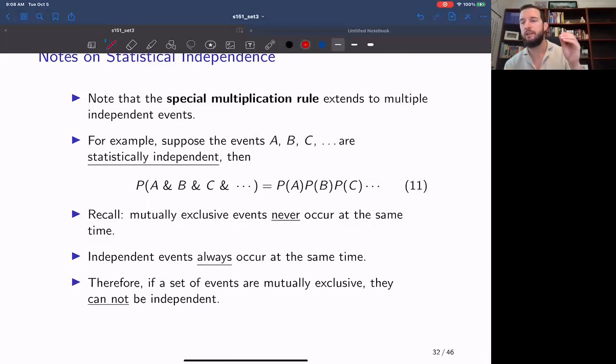So if we have events A, B, C, D, E, F, G, and all of those events are independent of one another, we can multiply their marginals together to find the intersection. So the definitions extend in terms of intersection across more than two events.